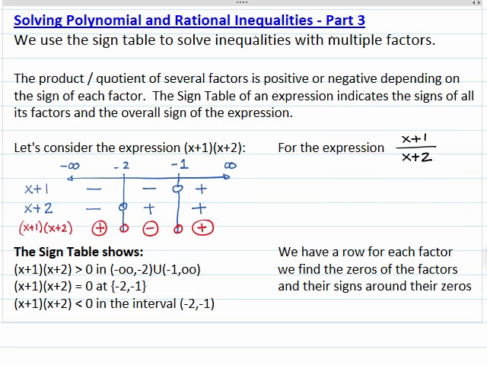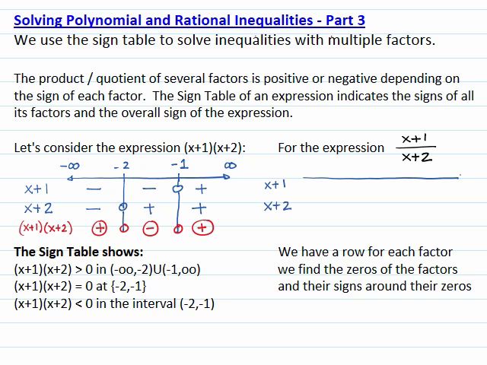Now for the expression x plus 1 divided by x plus 2, we create a similar sign table that has a row for each factor, x plus 1, x plus 2, the number line, the zeros.